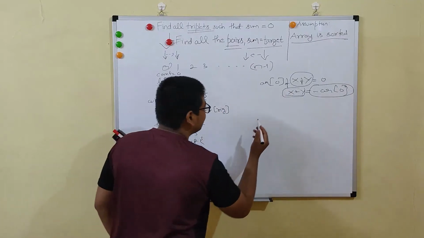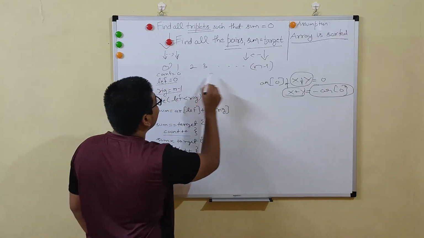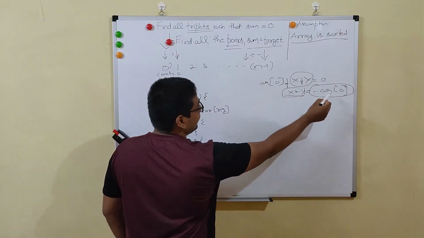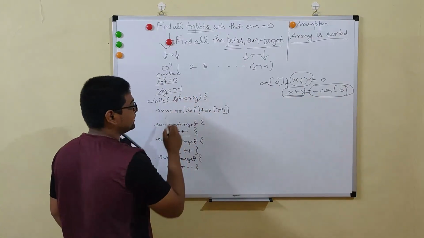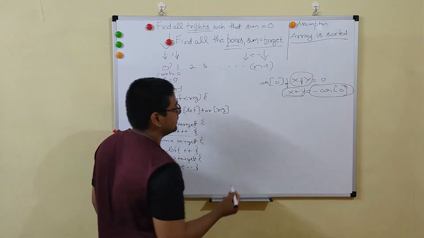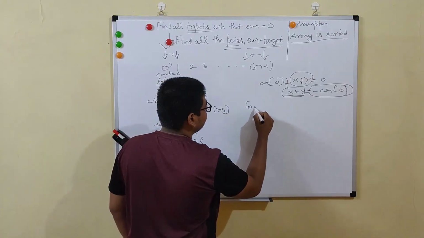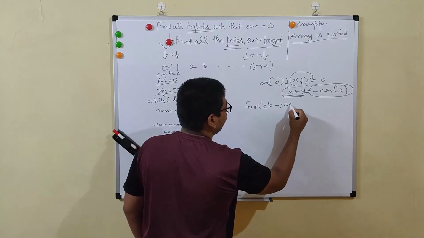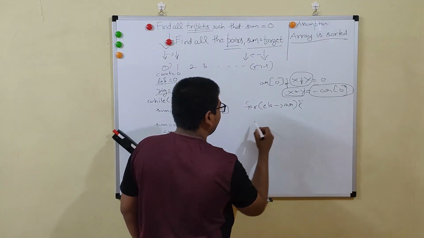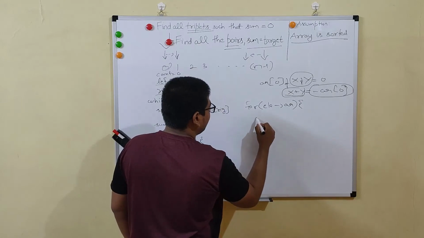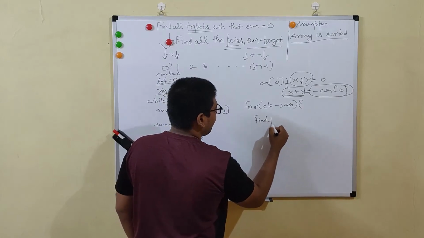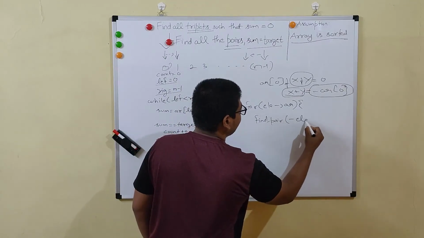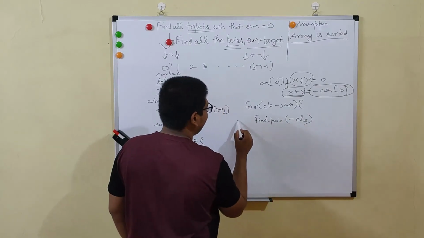So the algorithm here is something like this. We have to traverse all the elements in this array and get this value, that is minus array of that index, and then calculate the respective count of pairs. So for each element in our array, we have to find pairs with sum minus element, and we will simply increment our count.